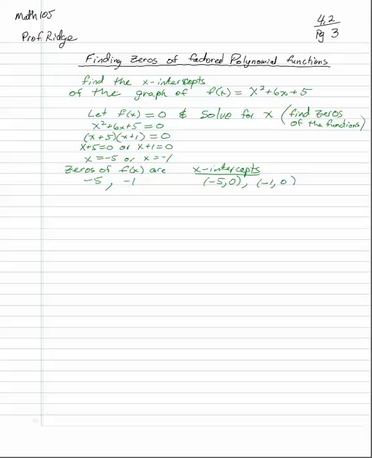Okay? So now we're getting another picture of the graph. From the leading coefficient test, we know it's an x squared, positive, so even degree, so the ends are going up.